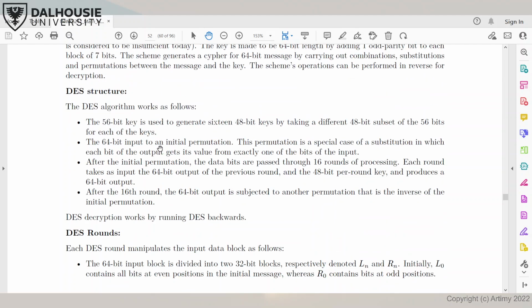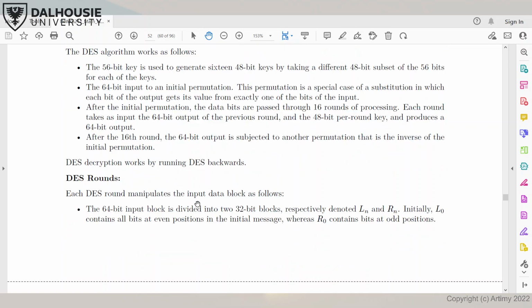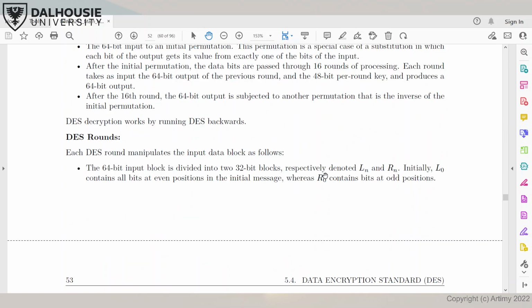How do we choose that, right? Initially L0 contains all bits at even positions, and R0 contains bits at odd positions.